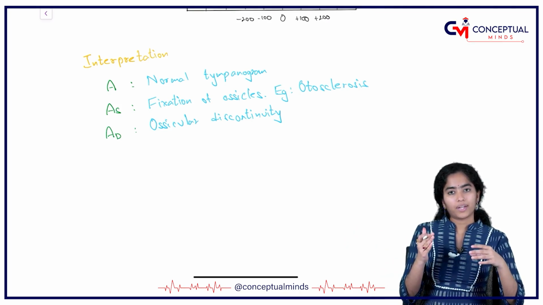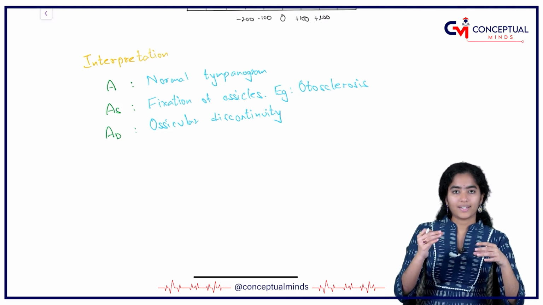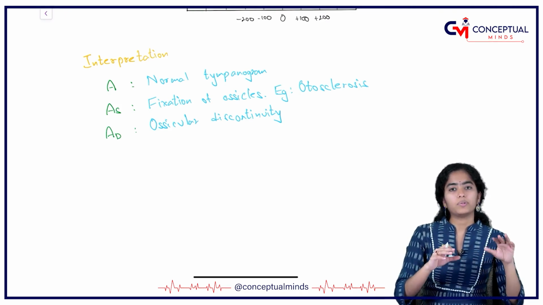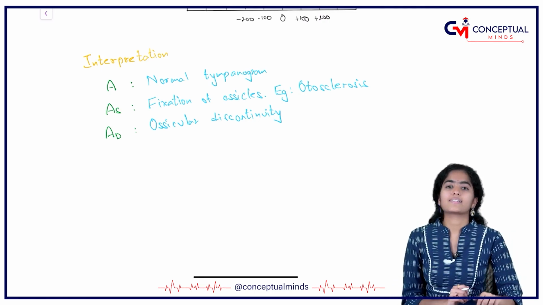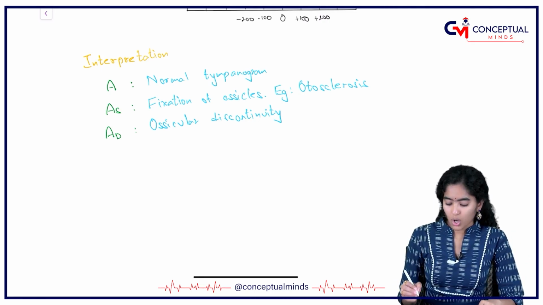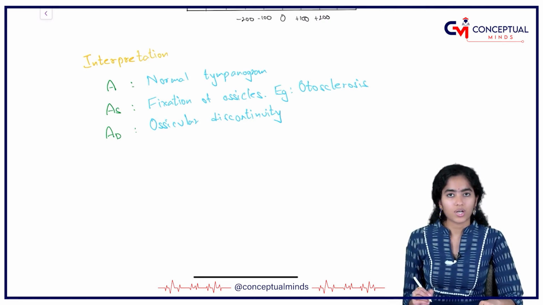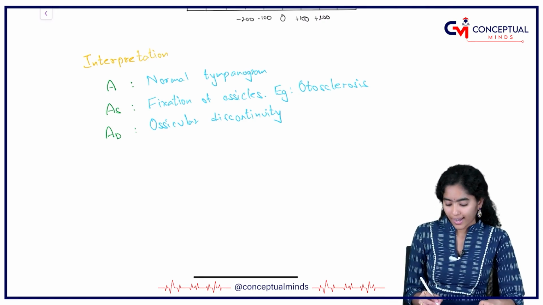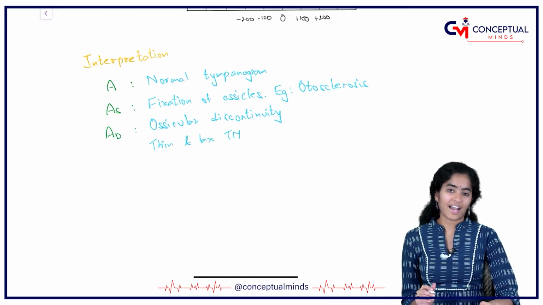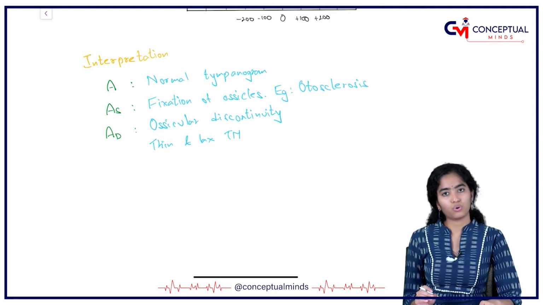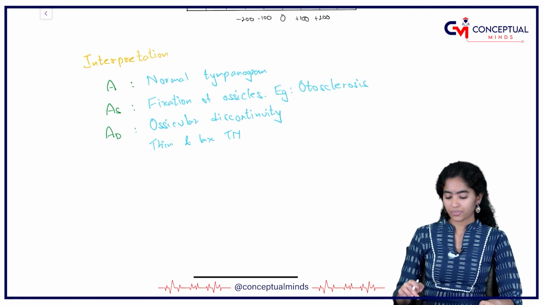All the tympanic membrane vibrations are transmitted to malleus and then to incus and then freely into the middle ear. It's hanging, so there is no resistance. This automatically increases the compliance. So ossicular discontinuity is one cause for an AD type of graph, and also a thin and lax tympanic membrane. A thin and lax tympanic membrane would also show high compliance.